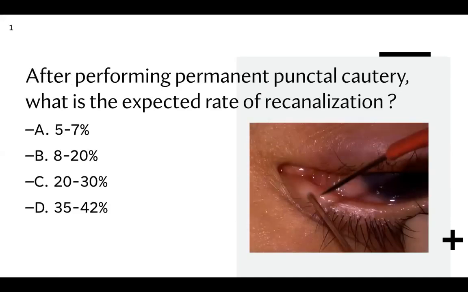Question first is, after performing a permanent punctal cautery, what is the expected rate of recanalization? A, 5 to 7%, B, 8 to 20%, C, 20 to 30%, or D, 35 to 42%.